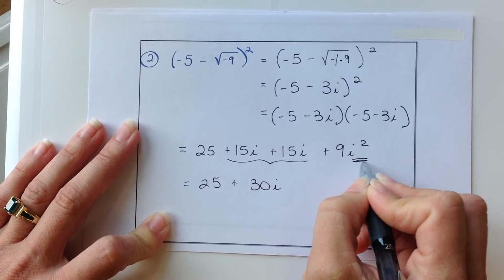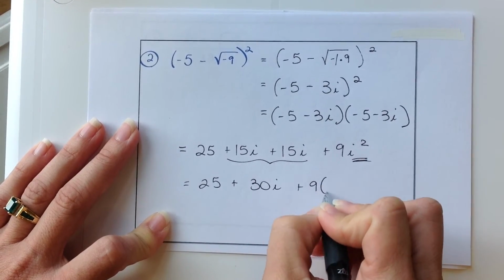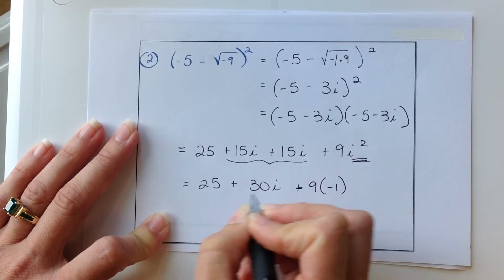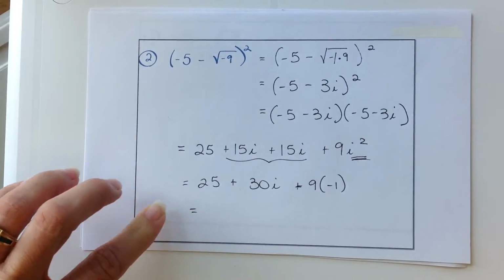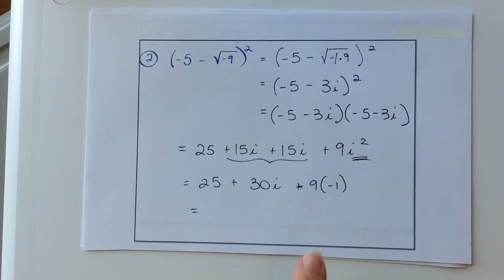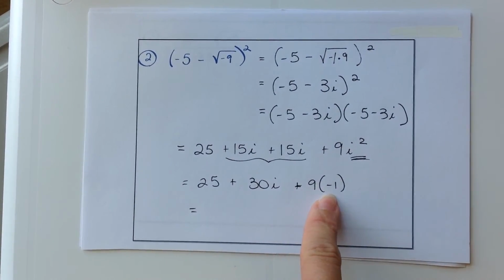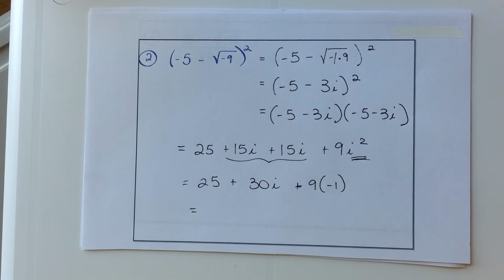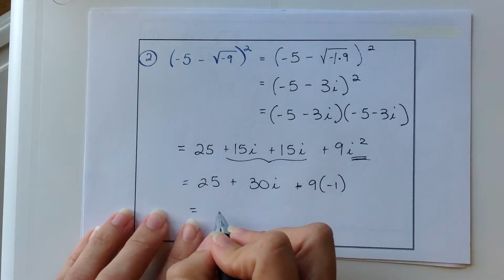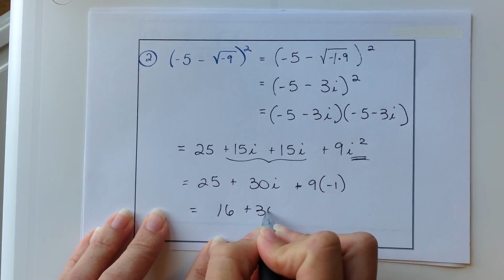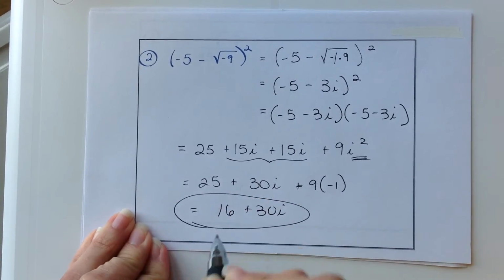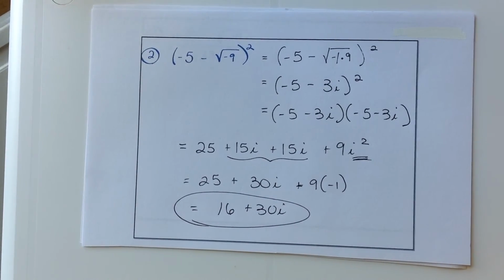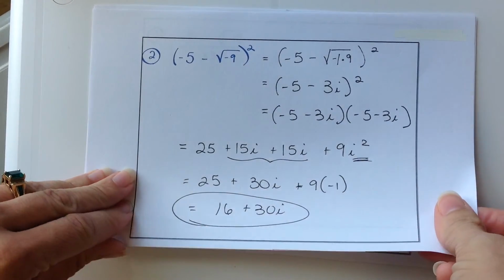And we need to replace the i squared with -1. Okay, now this is just going to be the same thing. Positive 9 times a -1 is just the same thing as minus 9, so just do your 25 minus your 9. So we're going to have 16, and then the plus 30i. So there's your standard form for that one. Okay, next.